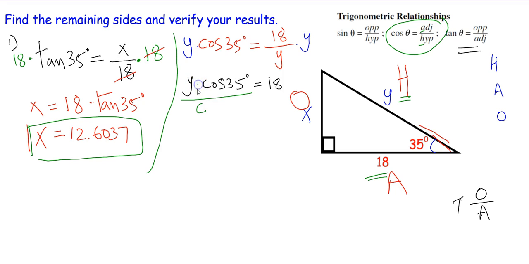Because of this multiplication, do the opposite, that is divide by cosine 35 degrees on the left hand side, and do the same on the right hand side also. So cosine 35 and cosine 35 cancel, leaving y equal to 18 divided by cosine 35 degrees.